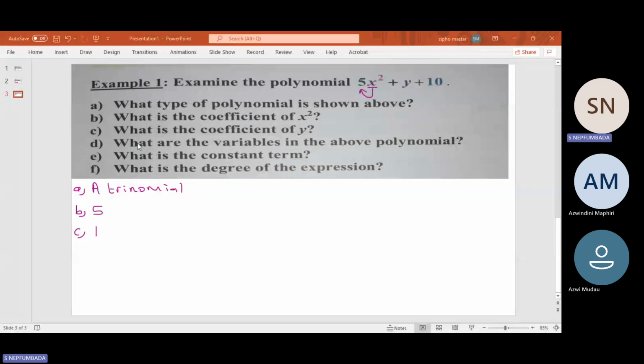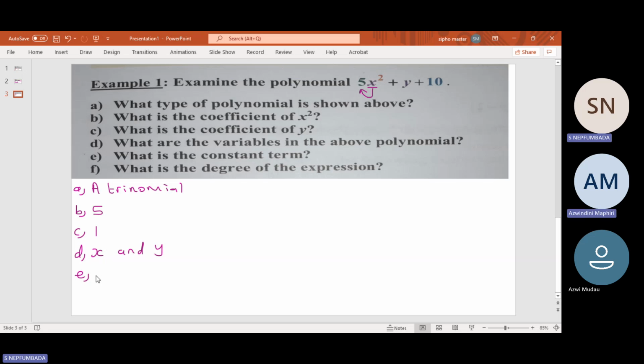So the second one, they said, what are the variables in the above polynomial? Do you know what is a variable? The variables are x and y. Then they said, what is the constant term?